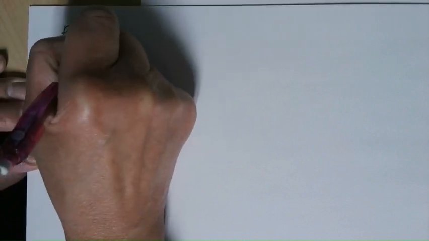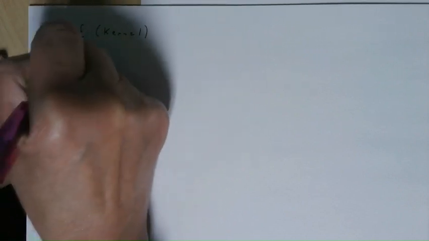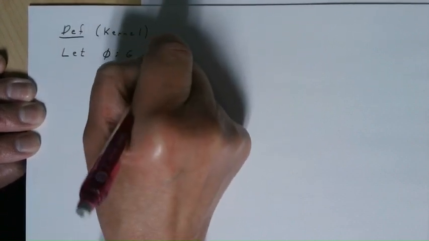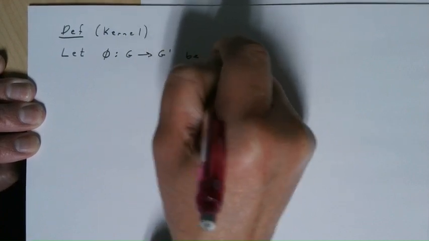First, the definition of a kernel. Let phi from a group G to group G prime be a homomorphism.